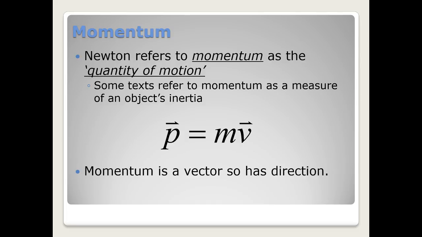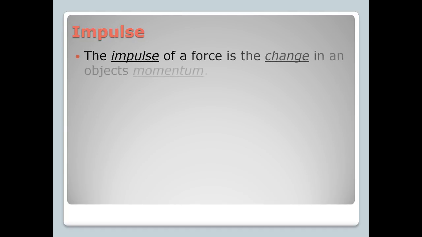Right, now, when Newton described momentum, he also coined the term impulse. In our definition, impulse is the change in an object's momentum, and it's defined as follows. The impulse is defined as the amount of force applied over some amount of time, so the product of force and time.